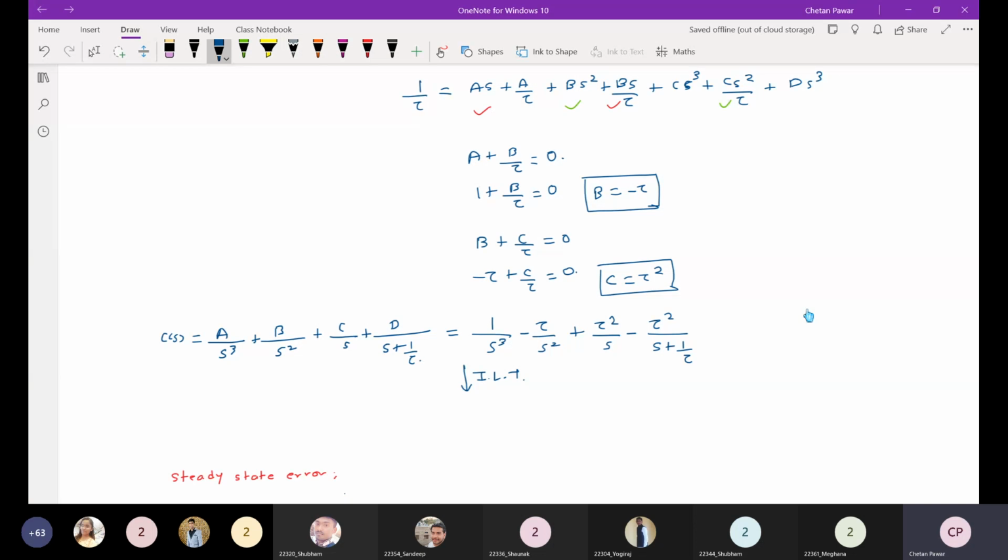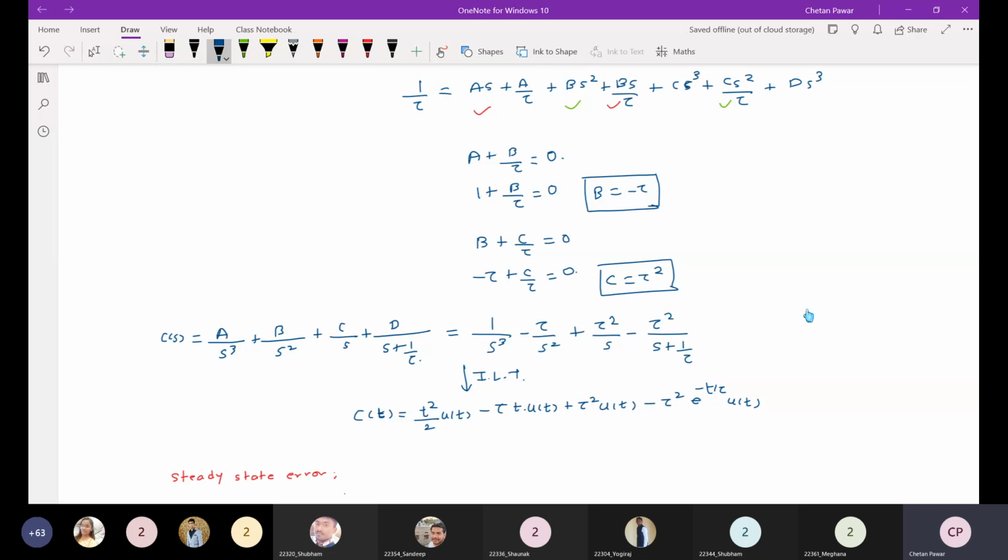So now you tell me what is the c of t. c of t will be, this is 1 upon s cube, right? So parabolic, t square by 2 into u of t. So this is a ramp, so minus tau t into u of t, plus this is unit step, tau square into u of t, minus tau square into e raised to minus t by tau into u of t.